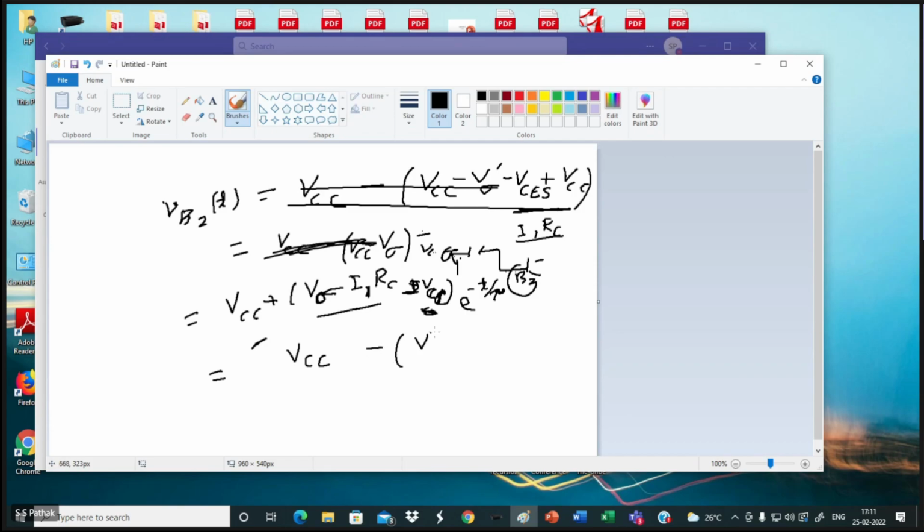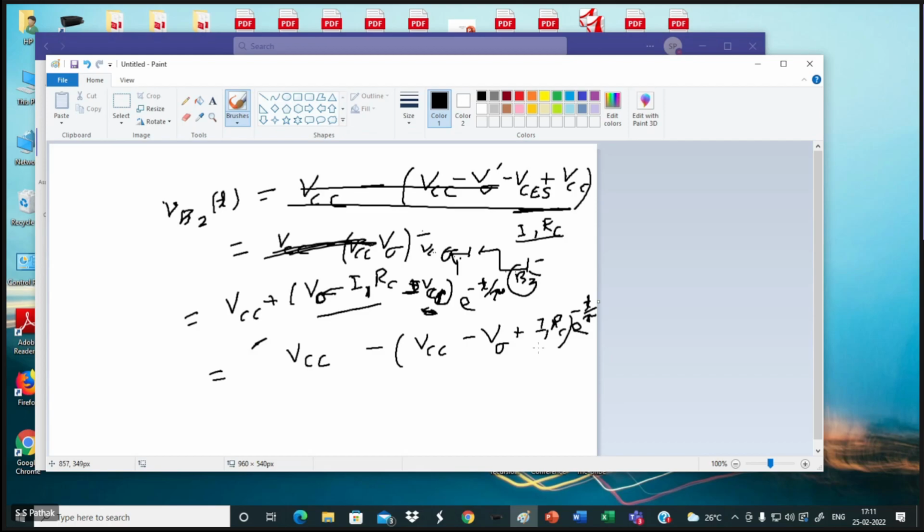So this becomes your VCC, minus becomes plus, V sigma becomes minus, and plus I1RC. Manipulation, nothing else. E to the power minus T by tau. Tau will be RC. What is the value of R? I will come to that. Tau will be RC, R into C. This is your E to the power minus T by RC.